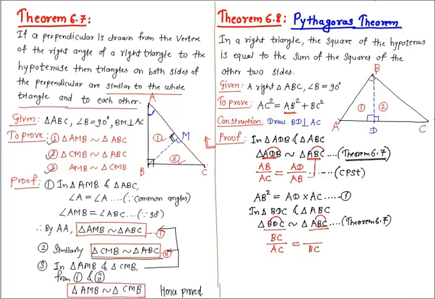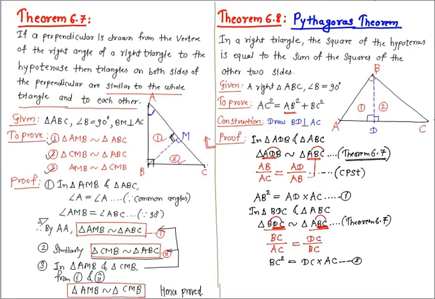Now take BC from the second triangle ABC here. So this is BC, B is at second position and C is at third. So let's take the same from the first triangle also. It will be DC, right? And now if you cross multiply this, what you get? BC square equals DC into AC. Take this as second equation.